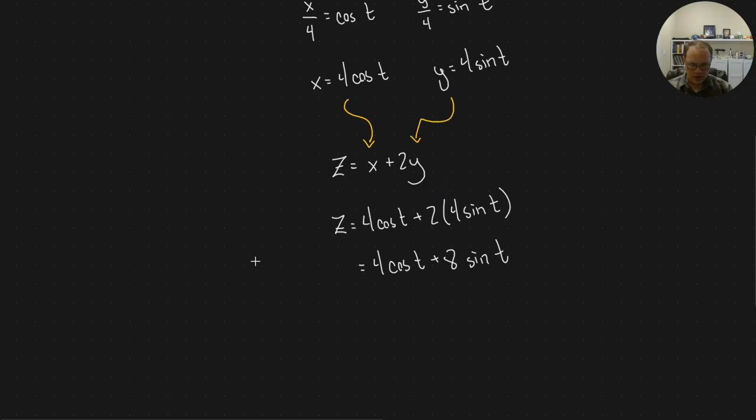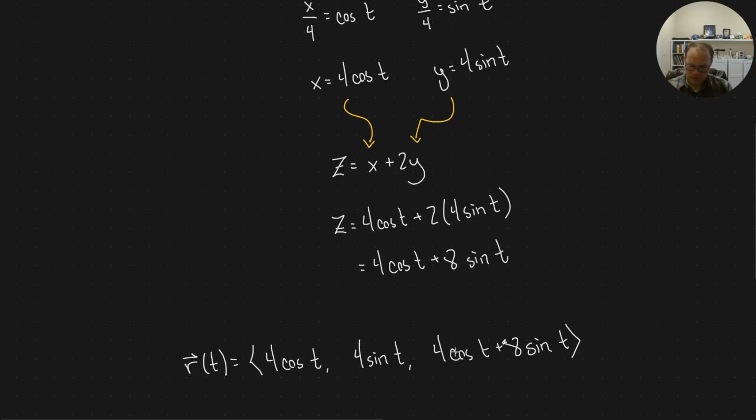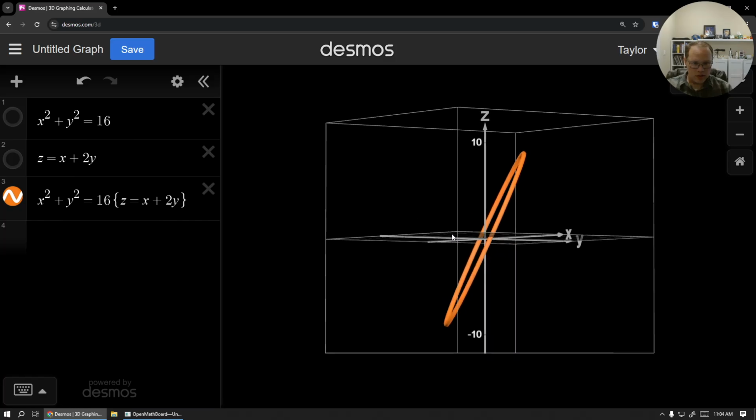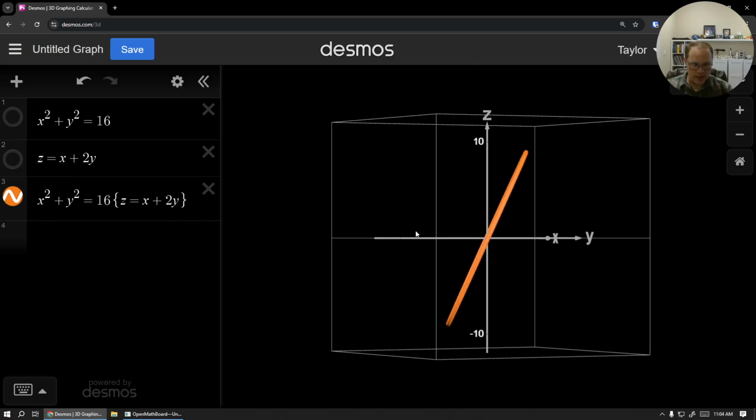So my final answer, if I put x, y, and z together: r of t equals, my x function is 4 cosine t, my y function is 4 sine t, and my z function is 4 cosine t plus 8 sine t. That parameterization will traverse this curve in three-dimensional space.